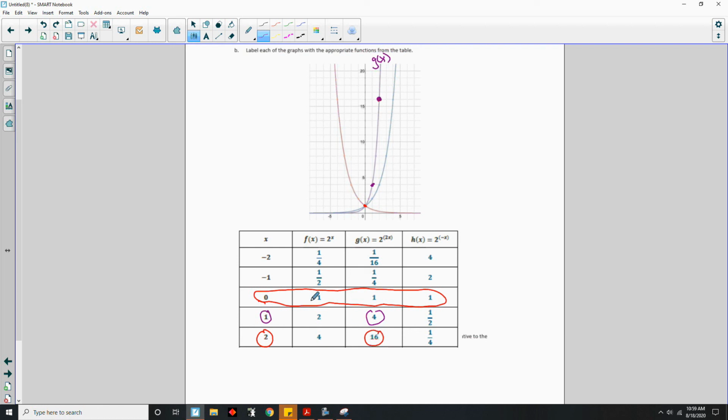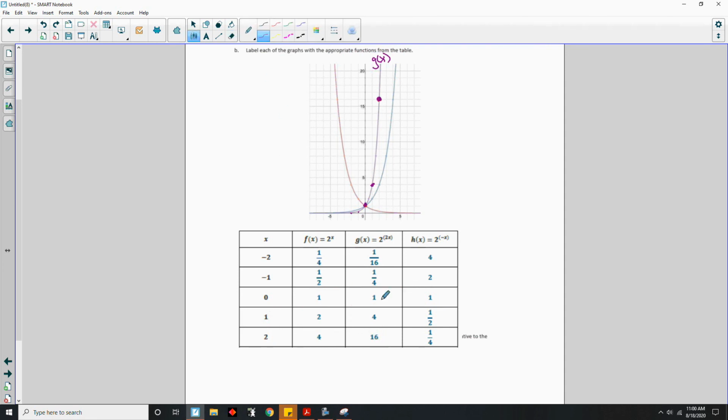This point's on g of x. (0, 1) would be right here, and (-1, 1/4) is right here, and (-2, 1/16) is right there. So that is definitely g of x. Okay, so let's erase all of this.